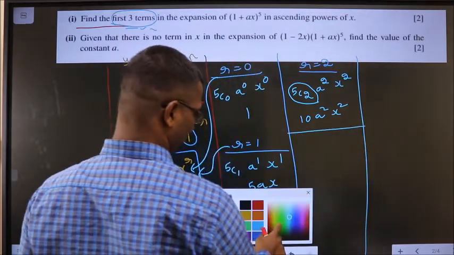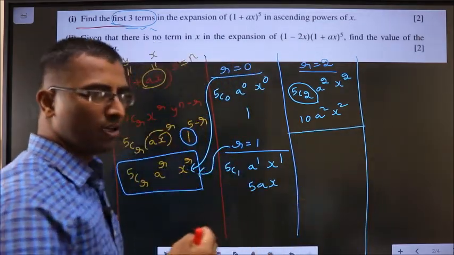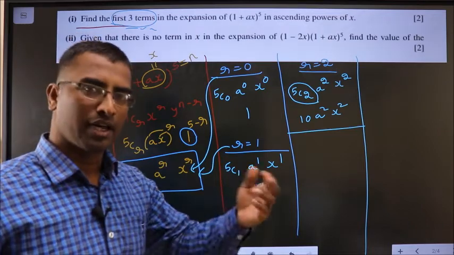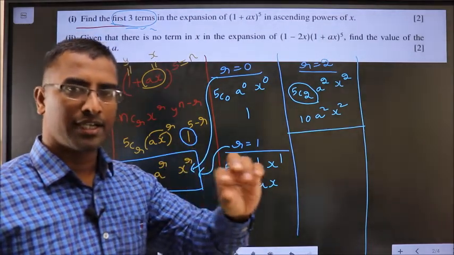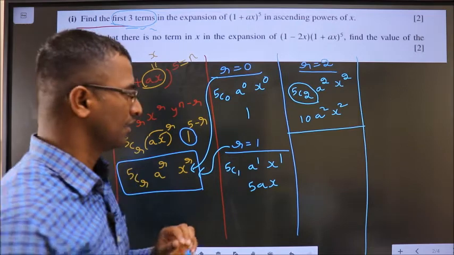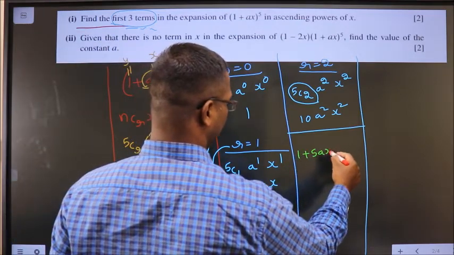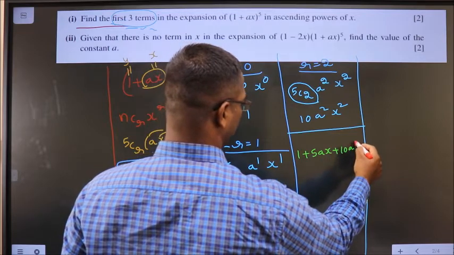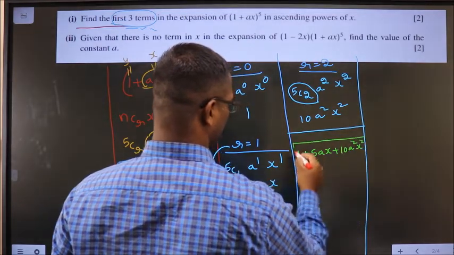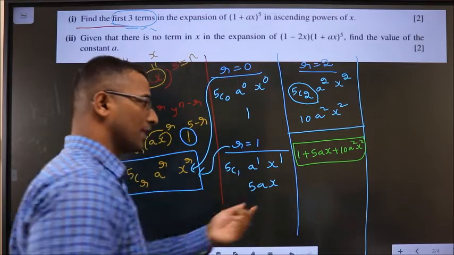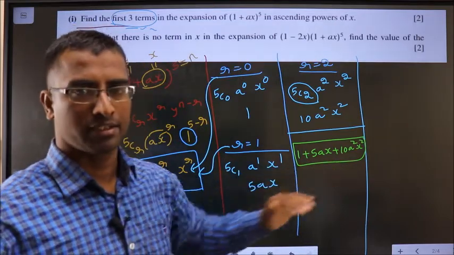Okay, now once you have got all three terms, your final answer should be writing all three terms in a single line. That is 1 plus 5ax plus 10a squared x squared. So this should be your final answer.